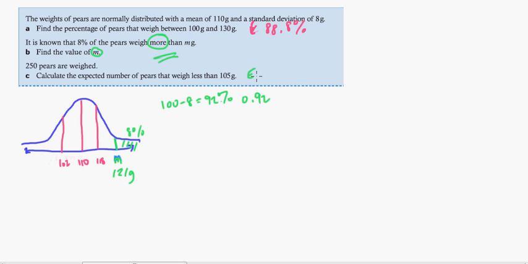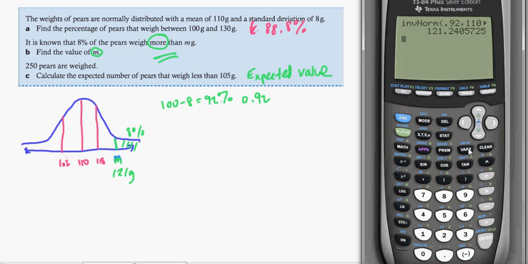Then finally the last one. This is expected value, another thing you have to be able to figure out. Of 250 pears, calculate the number that weigh less than 105. No problem. We need to find a probability, so we go second distribution, and we go to the second one. We're not finding x. They give us the upper bound, 105.